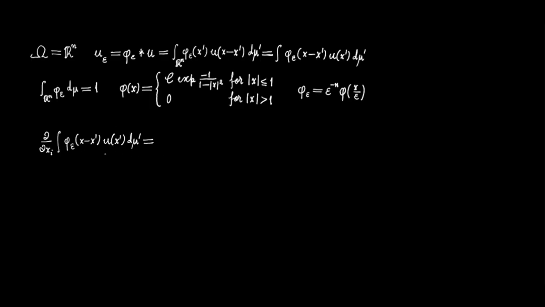Now, since the integrand as a function of x is smooth, we can take the derivative inside, and now we can just repeat the argument. That is, by induction, we'll deduce that u epsilon is smooth. But furthermore, we can relate the derivatives of u epsilon to the weak derivatives of u.